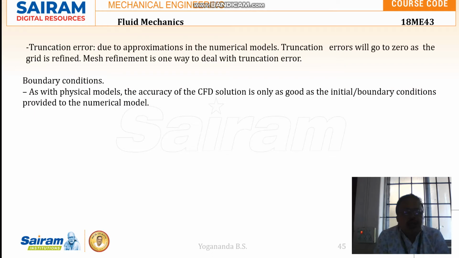Then truncation error, due to approximation in the numerical models. Truncation errors will go to 0 as you refine the grid. You can reduce the truncation errors by redesigning the grid. So mesh refinement is one way to deal with the truncation error.